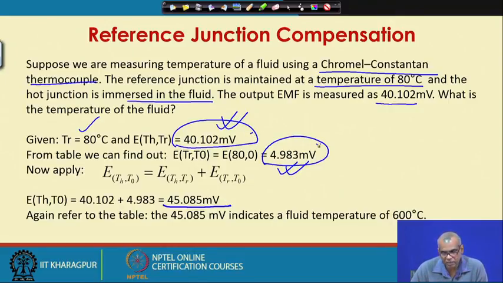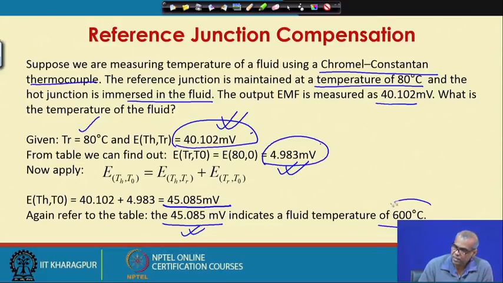Now, again you look at the table and you see that 45.085 millivolt corresponds to a temperature of 600 degree Celsius. If this does not directly fall on any value in the table, you have to do the interpolation as we have seen previously. So, the fluid's temperature is 600 degrees Celsius. So, how do I do the correction?